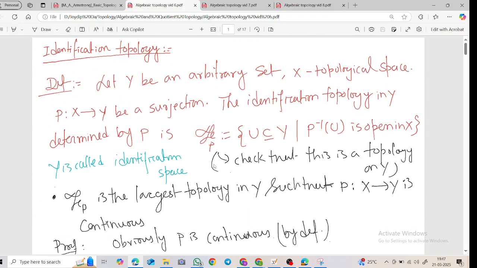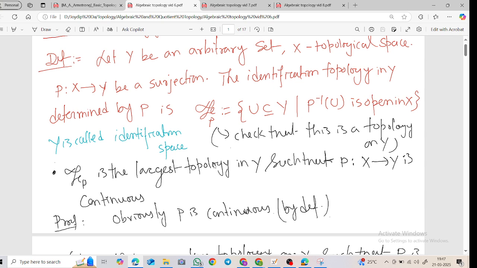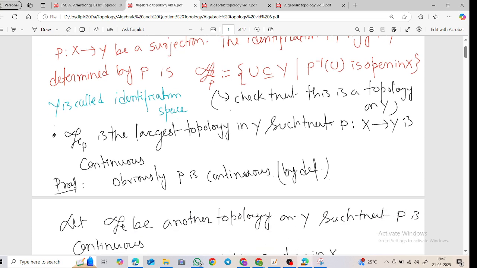First it is defined to be an arbitrary set.